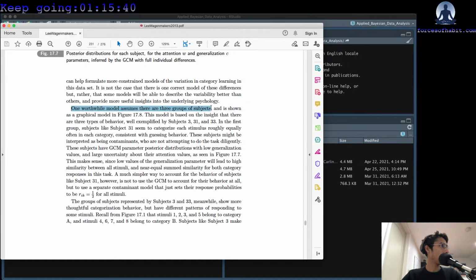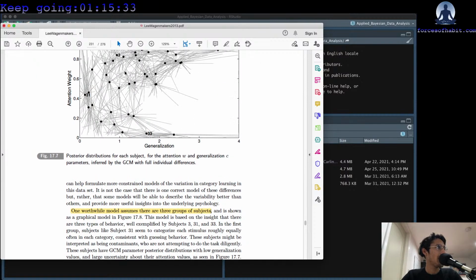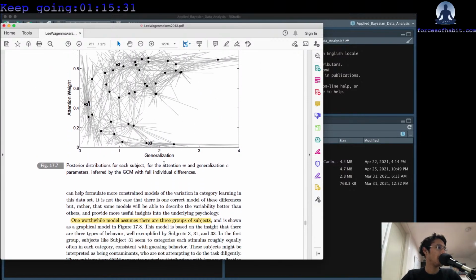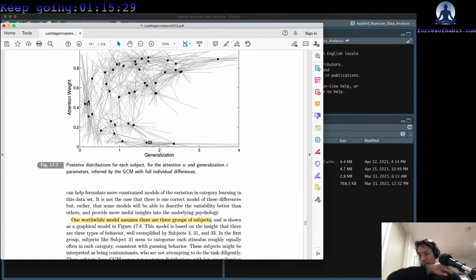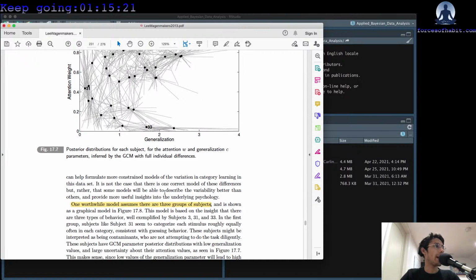One worthwhile model assumes that there are 3 groups of subjects. So we're talking about being able to better capture the variability within the model based on the joint posterior distribution that we observed here. How could we better account for or describe some of the variability occurring in this plot?